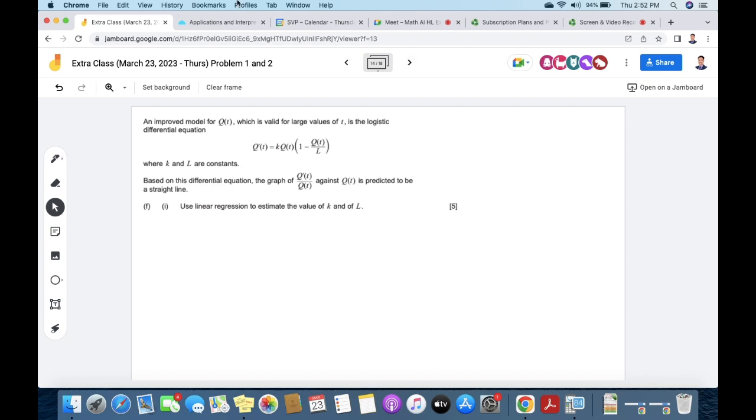Okay. Based on this particular line here, let me encircle this one. This particular line here, it is predicted to be a what? What kind of graph? Very good. It's predicted to be a line. It's predicted to be linear.